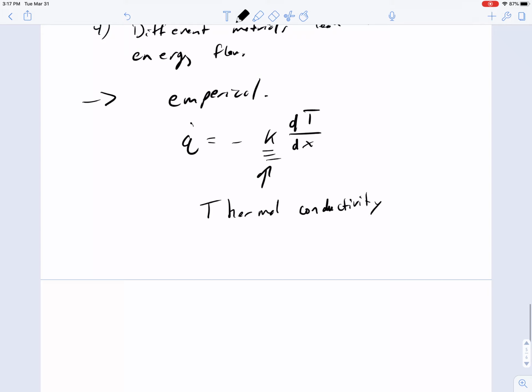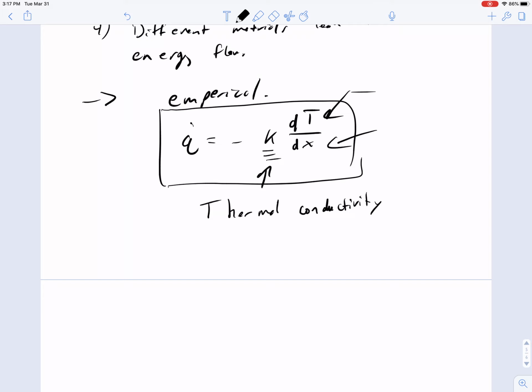And this is the empirical relationship that we can then use to relate temperature, which is our other dependent variable, and x, which is an independent variable, to the unknown that we had in our equation, Q.